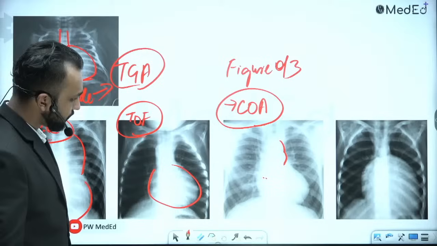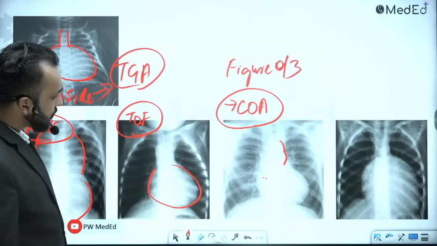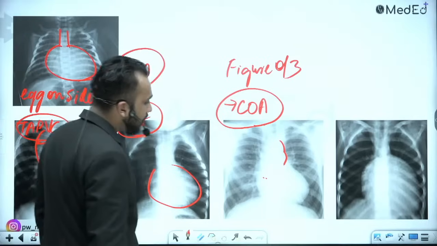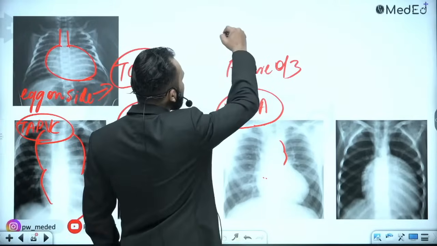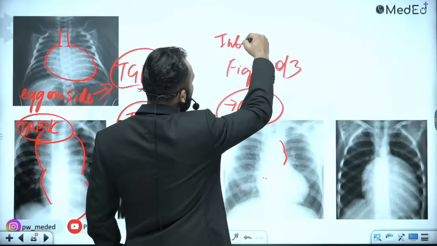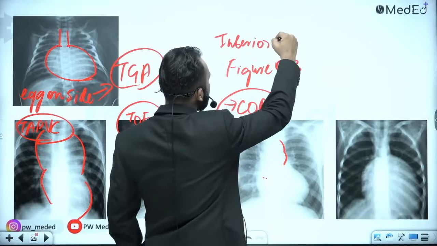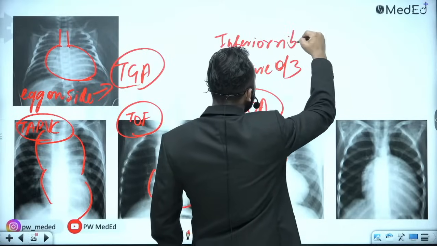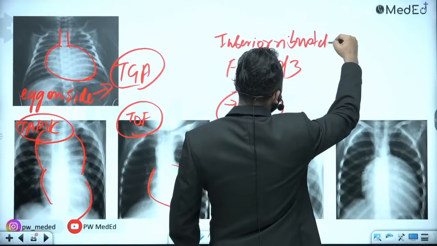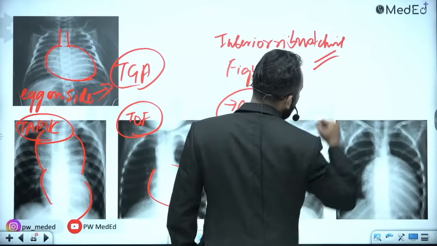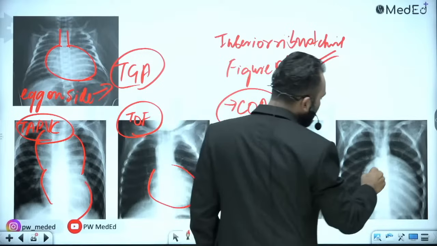In coarctation of aorta, you will get a figure of 3 appearance, and this will also be associated with inferior rib notching.